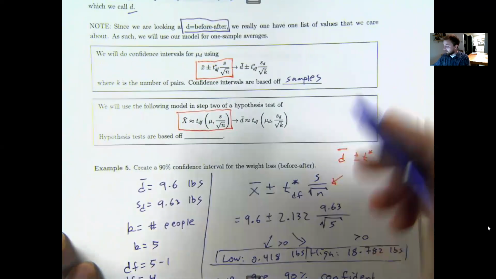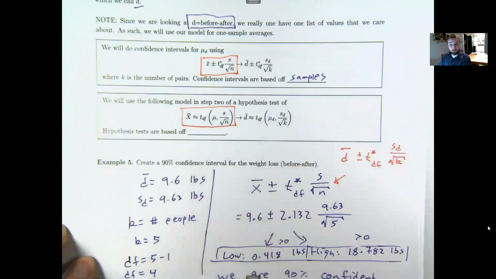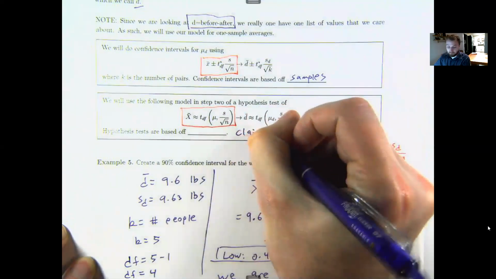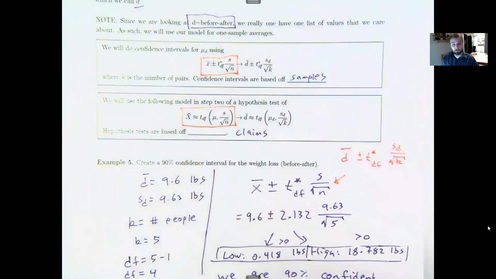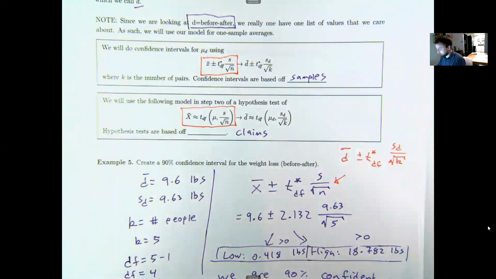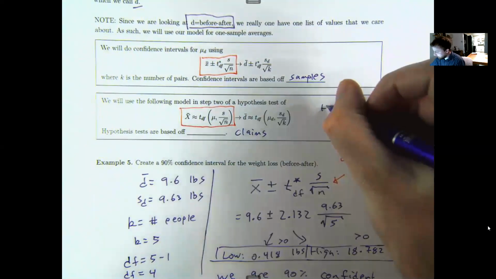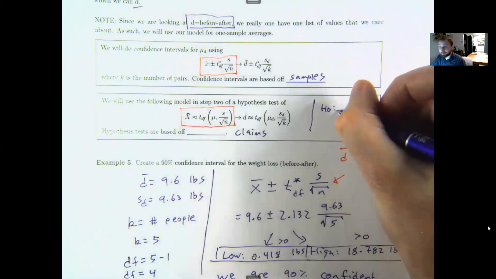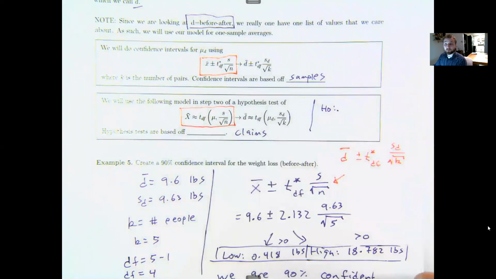Confidence intervals will always be based off of samples. We just did one of those. Hypothesis tests are always going to be based off of claims. And in particular, my null hypothesis is always going to represent there being no difference in the groups.